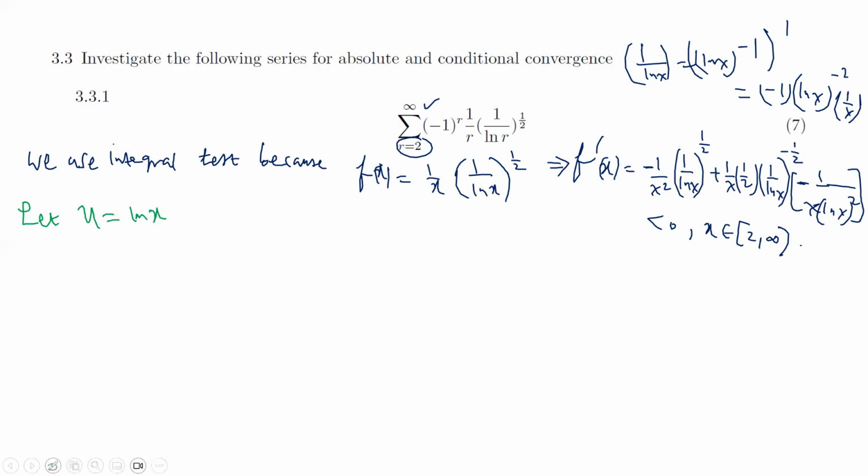Let u be ln x, which means that du is 1 over x dx, and it means that x du is dx.